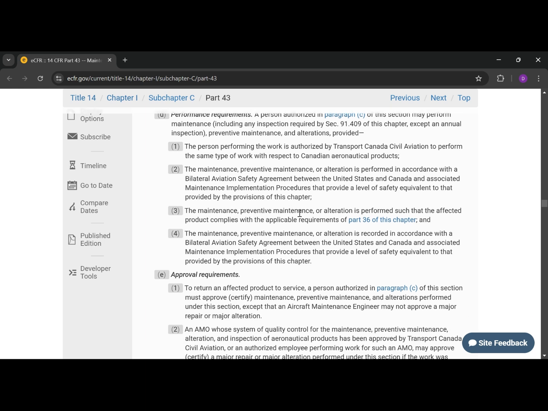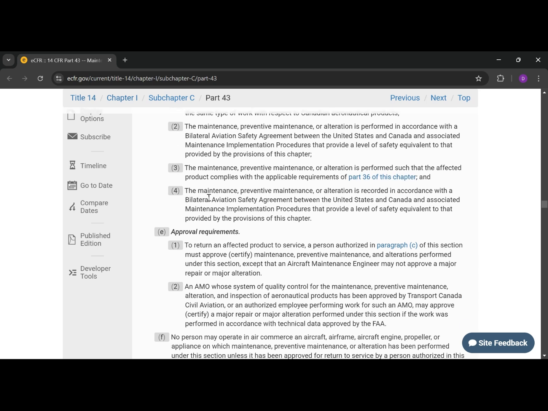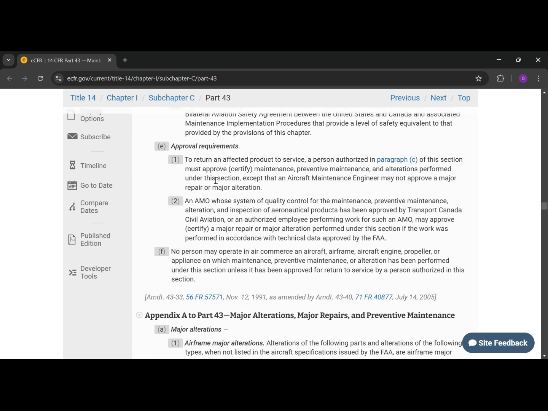The maintenance, preventative maintenance, or alteration is performed such that the affected product complies with the applicable requirements of Part 36 of this chapter, and the maintenance, preventive maintenance, or alteration is recorded in accordance with a bilateral aviation safety agreement between the United States and Canada and associated maintenance implementation procedures that provide a level of safety equivalent to that provided by the provisions of this chapter.